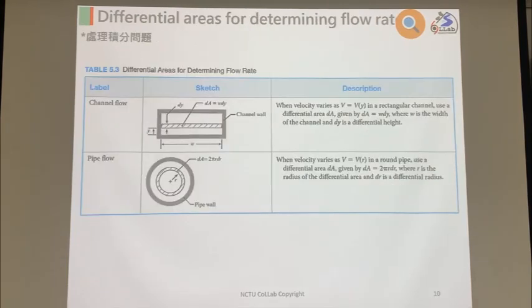So in this chapter, we will practice how to compute the relationship of V mean divided by V maxima for the different conditions. This is case 2 in the previous slide, the channel flow, a rectangular flow. We know that for the channel flow, V mean divided by V maxima is 3/2.